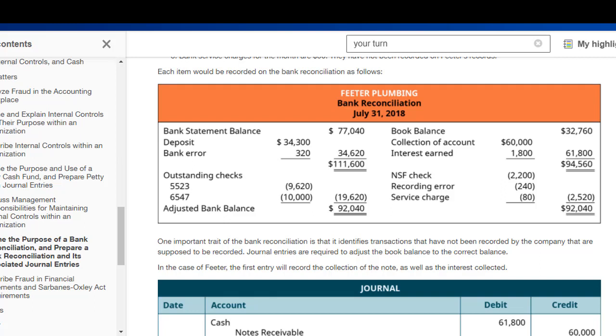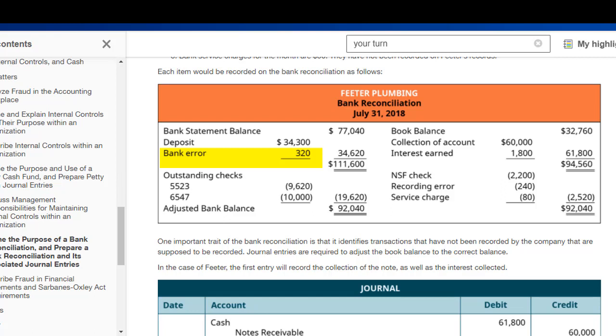It seems like you made a deposit of $34,300. The bank hasn't recorded it yet. It seems that you've written a couple of checks. The bank hasn't recorded them yet either. And it looks like the bank made a $320 error.